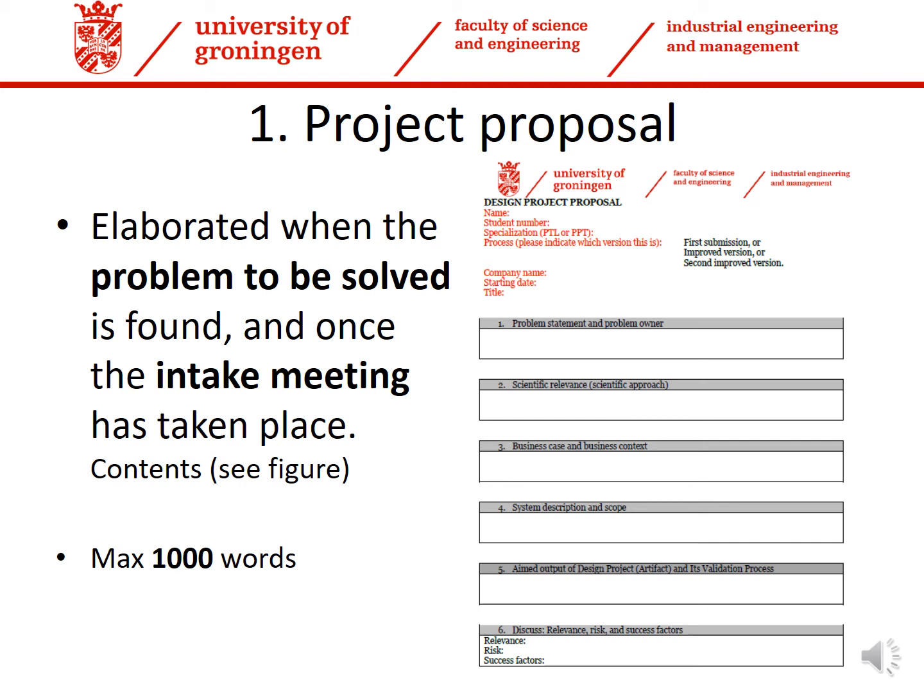And in the 5th section of the proposal, we would like to see what you are going to deliver towards the end. Is it an algorithm? Is it a decision toolbox? Is it a simulated environment? What is this output?